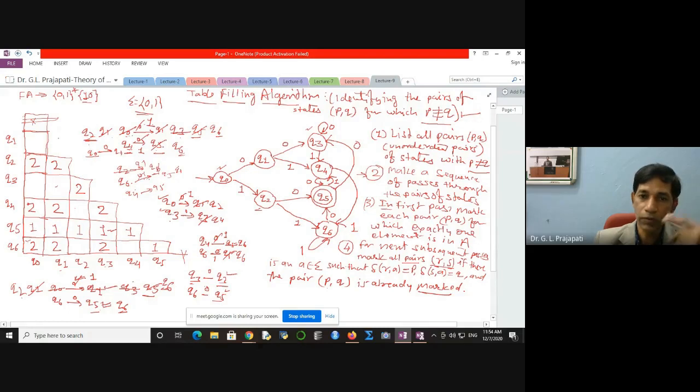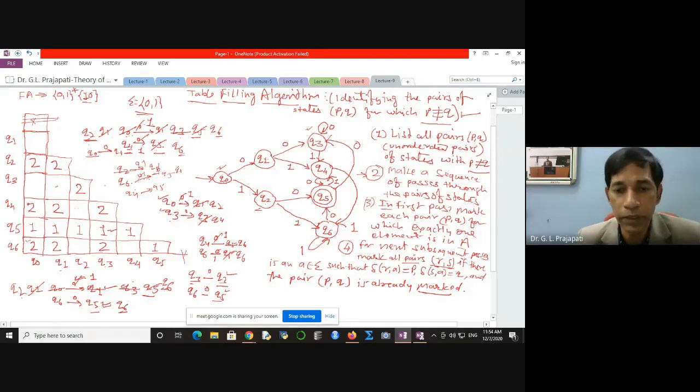From Q0 getting 0, Q1, from Q1 getting 0, you go to Q3. Q1 and Q3 is not marked. For the case of 1, from Q0 you go to Q2, and from Q1 you go to Q4. Q2 and Q4 is the pair which is not marked. So you are not marking.